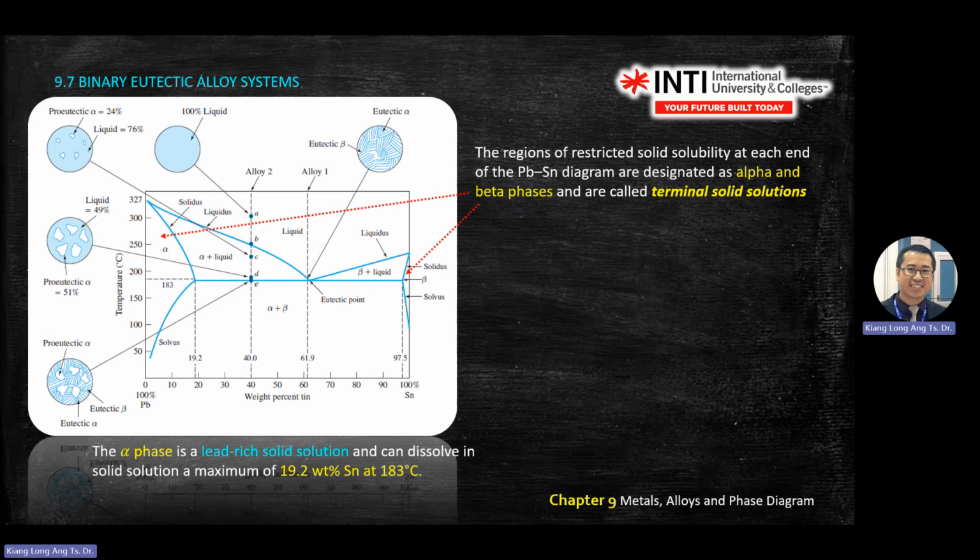Okay, if you understand, I ask you: in the beta phase, what is the maximum weight percent of Sn at 183 degrees C?